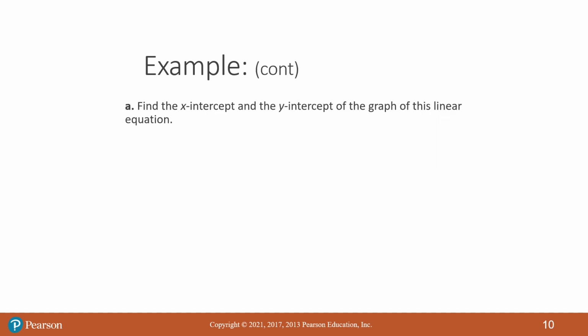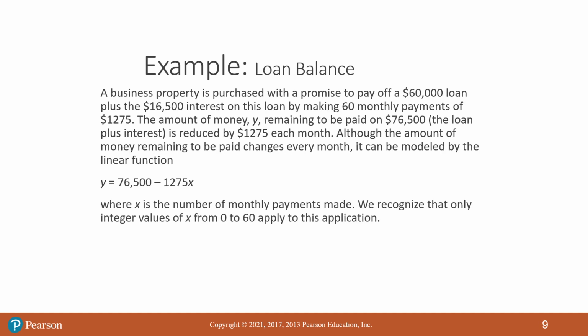Okay. So, we want to find the x-intercept and the y-intercept of the graph of this linear equation. Alright. Now, if I'm looking to find the x-intercept here, I'm basically setting the y equal to 0. And keep in mind, I'll go back to this. Here's your equation.